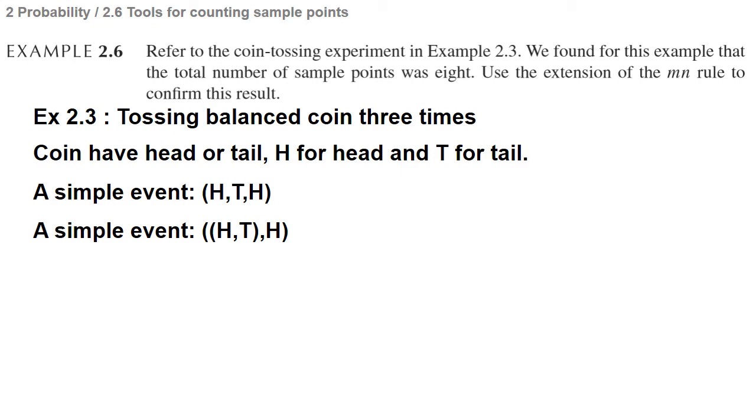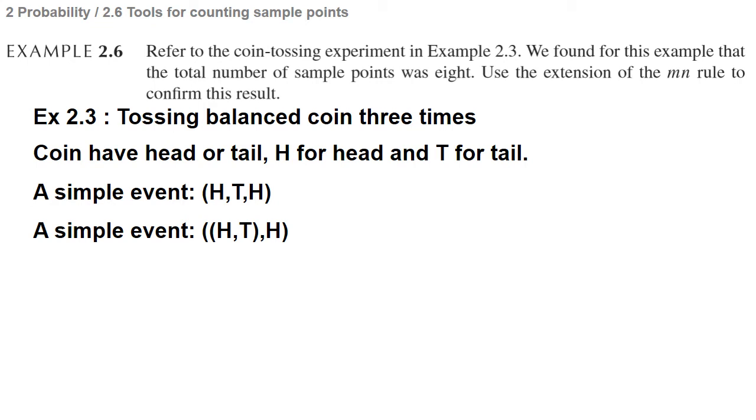So 2 times 2, by applying the MN rule, all possible events is 4. So there are 4 possibilities for the first two positions and 2 possibilities for this position. So all the events is 4 times 2, which is 8.